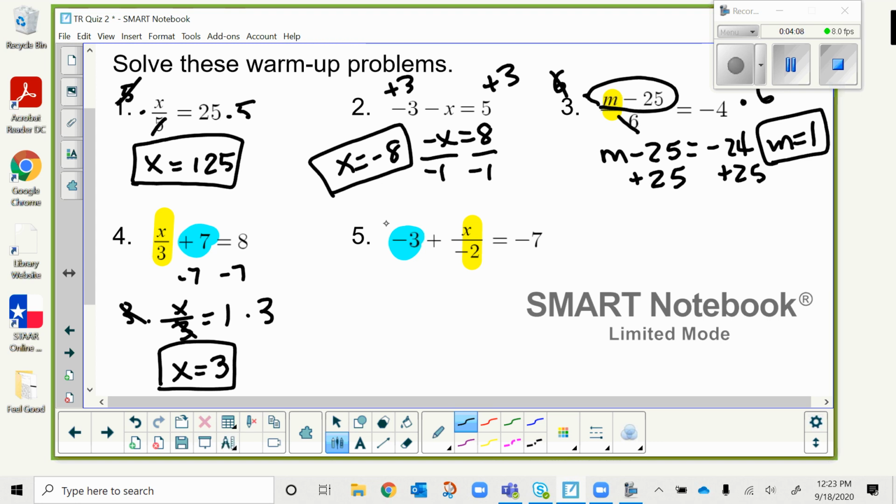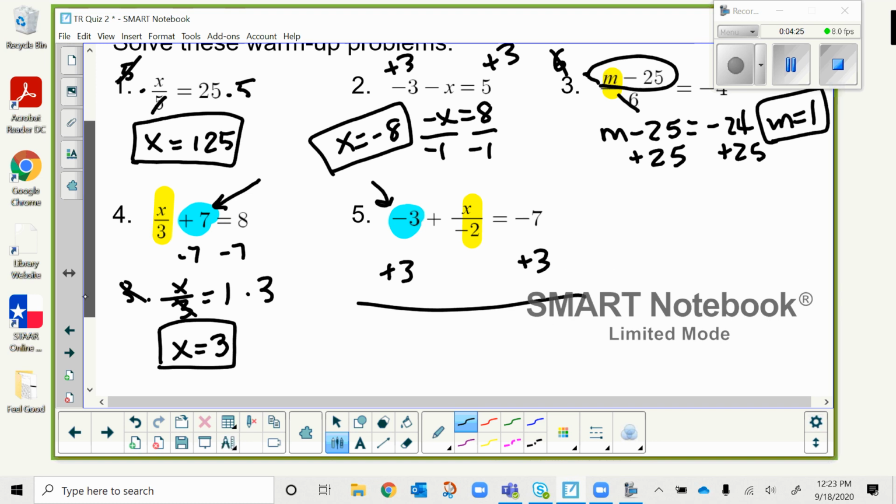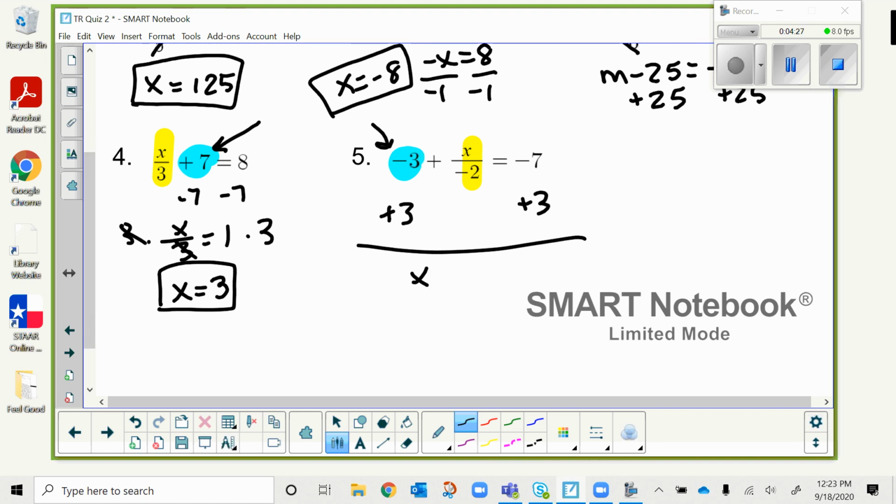Like in number 4, I undid 7 first, the blue thing. So in 5, I'm going to undo the blue thing first by adding it to both sides. So now I have x over -2 equals -4.